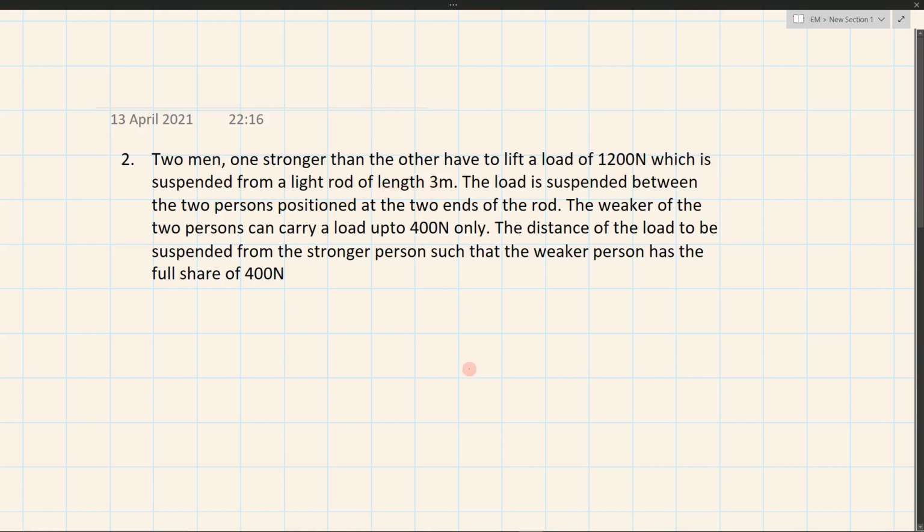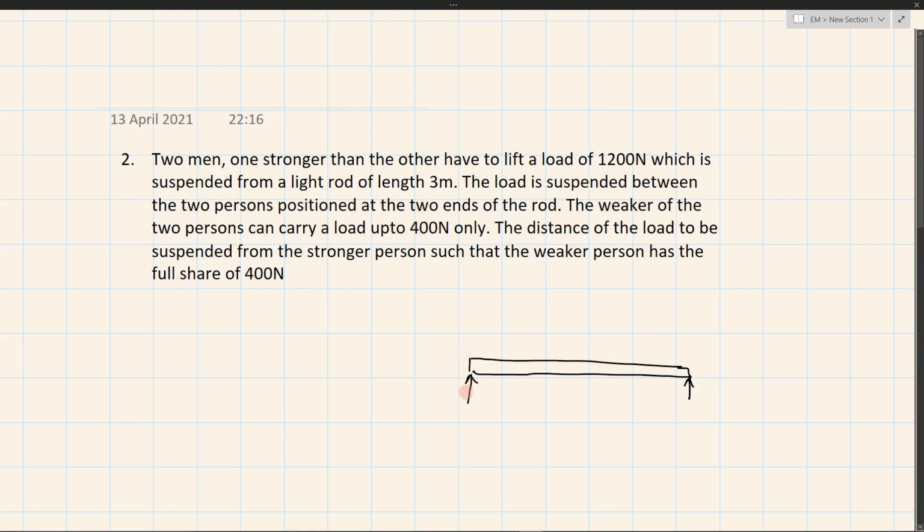What they have given is a light rod, and at each end of the rod a person is standing and lifting it. The rod is suspended between two persons positioned at the two ends of the rod. The weaker of the two people can carry 400 Newton only.